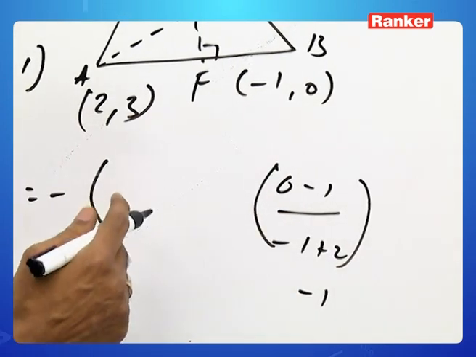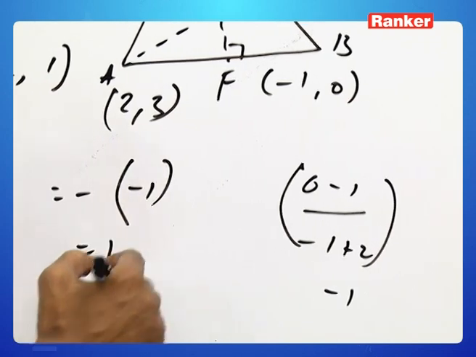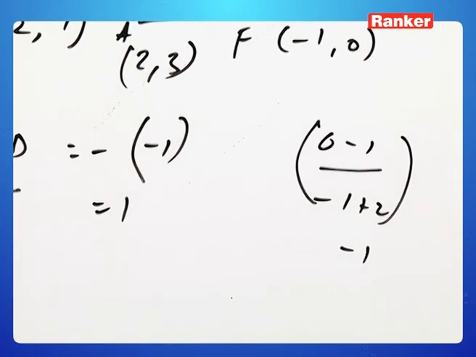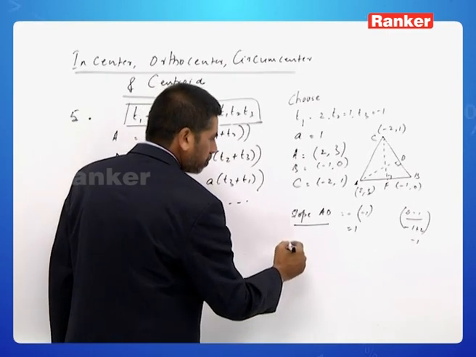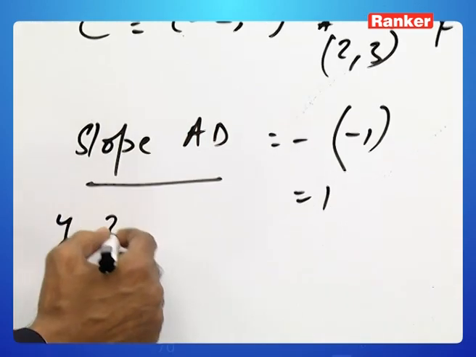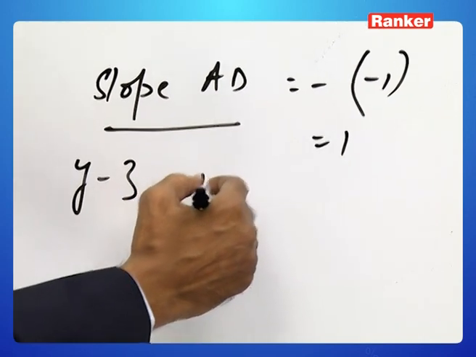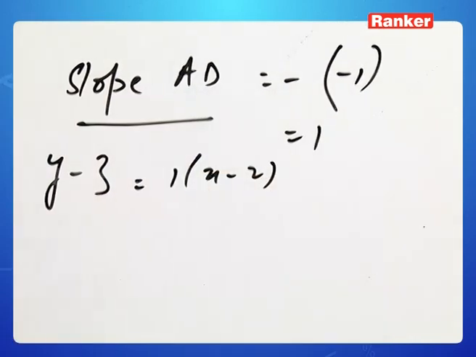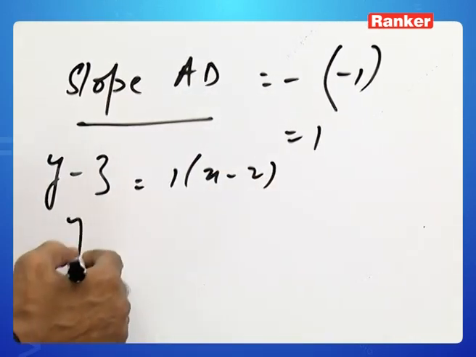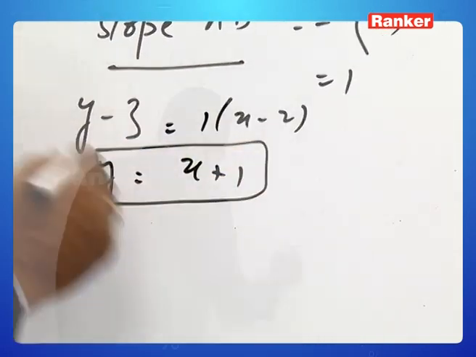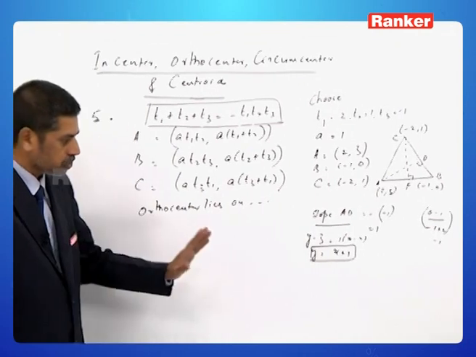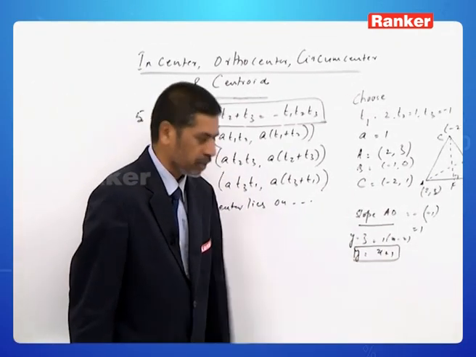So, therefore, this will be minus of minus 1, which is 1. So, what will be the equation of AD? The equation of AD will be y minus 3 is equal to 1 into x minus 2. So, therefore, you will have y is equal to x plus 1. Okay. So, that means the orthocenter lies on y is equal to x plus 1 at the moment.